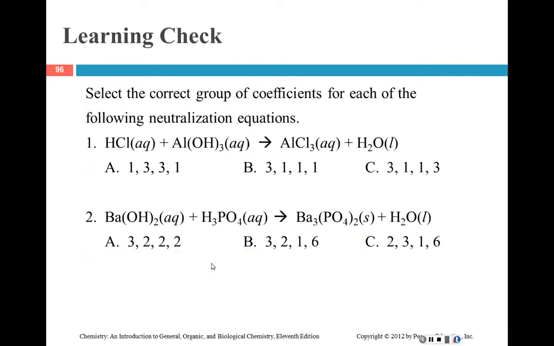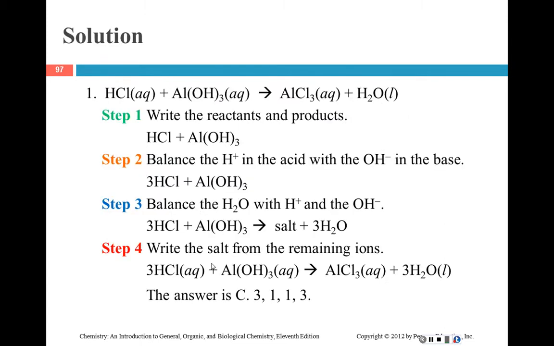Select the correct group of coefficients for each of the following. All you're going to do is balance these. It's going to take you through the steps, just like we showed you in the little stepwise model.